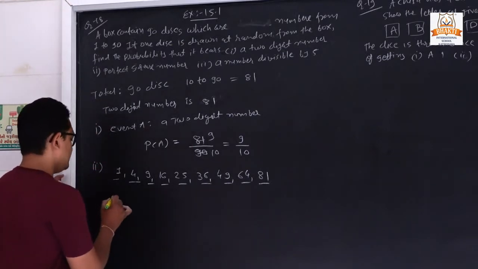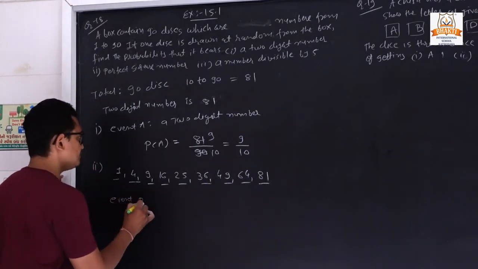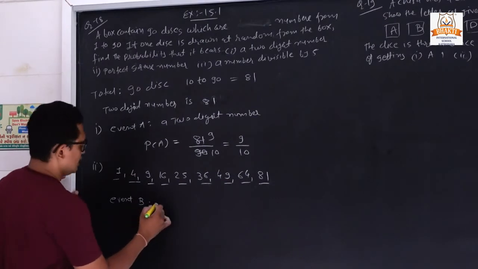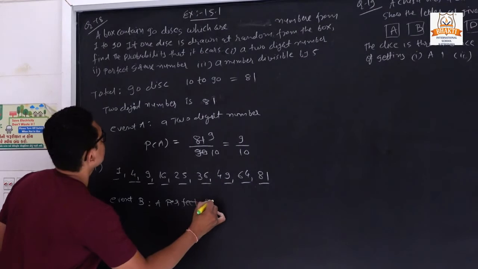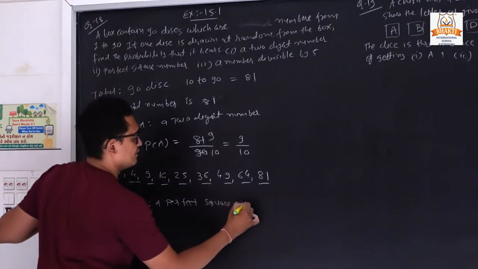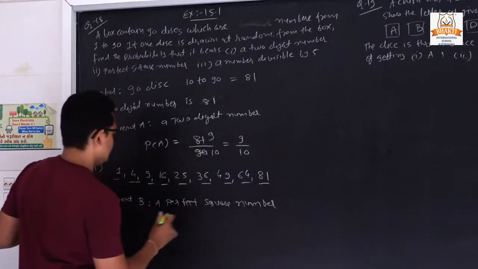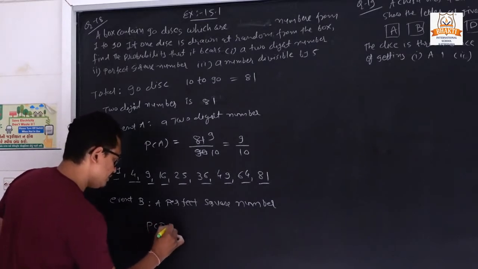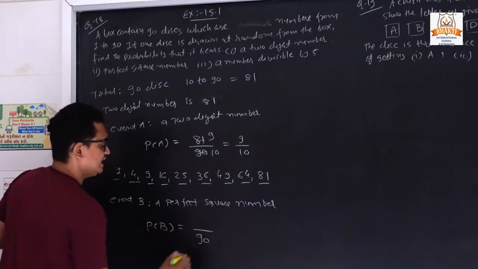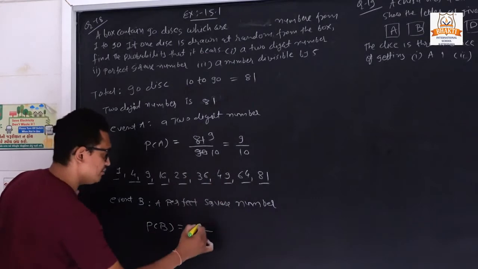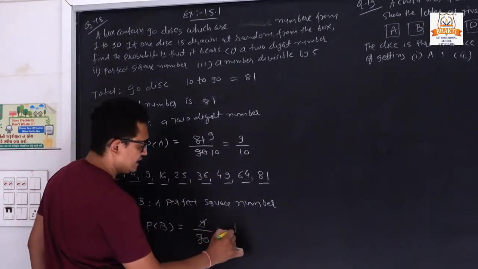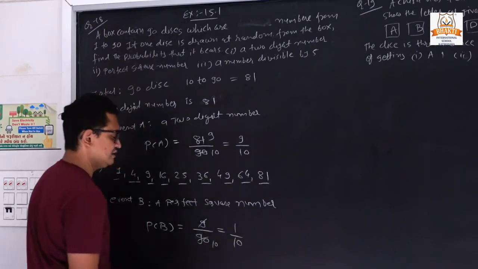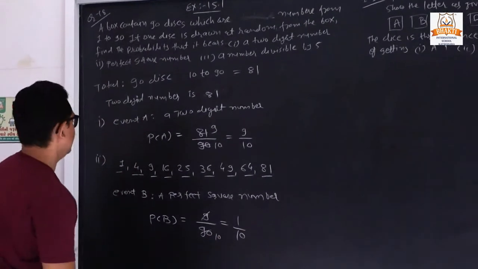So second, event B, a perfect square number. So P of B is equal to, total number is 90. Out of 90, how many numbers are perfect squares? It is 9. So 9 ones are 9, 9 tens are 90. So the answer is 1 by 10.